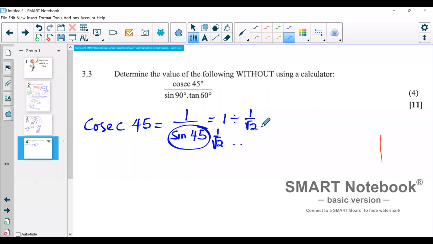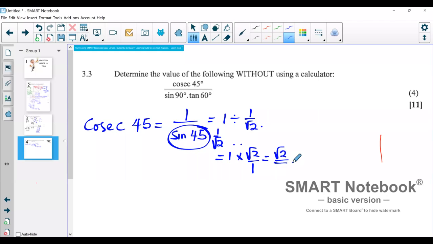I'm going to take it step by step, as slowly as possible. Cosec 45 is 1 over sine 45, and sine 45 is 1 over root 2. I'm rewriting it this way to make it easy for us. This becomes 1 times root 2 over 1, which is equal to the square root of 2. I hope everybody is okay.